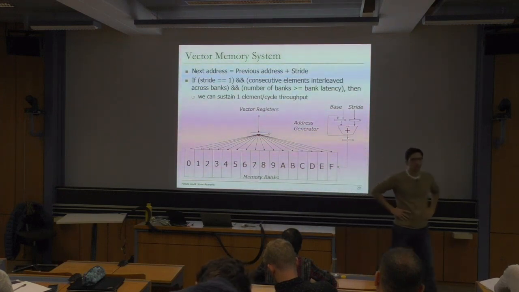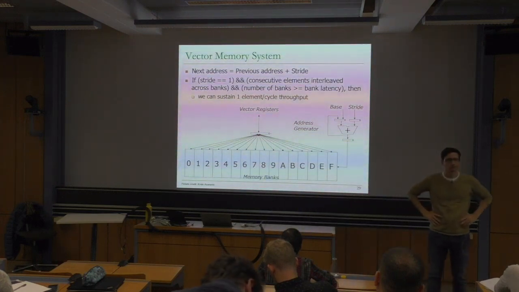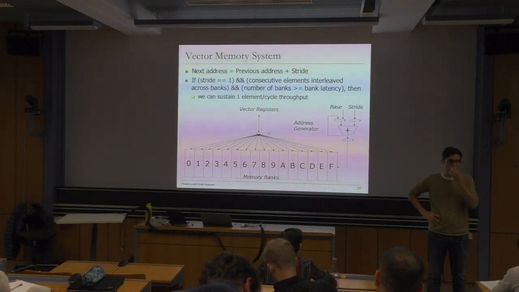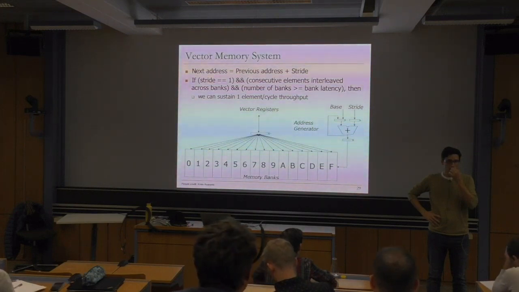Say the bank latency is like 5, then it will need 20 banks, because we can prefetch 4 data at a time from 4 different banks and we can just overlap the latency.